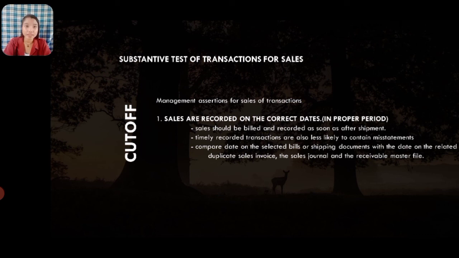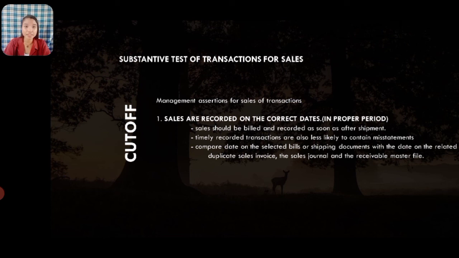And timely recorded transactions are also less likely to contain misstatements, since you have already recorded those transactions and you don't need to remember those past transactions. Indeed, it would be easier for you to validate those transactions.